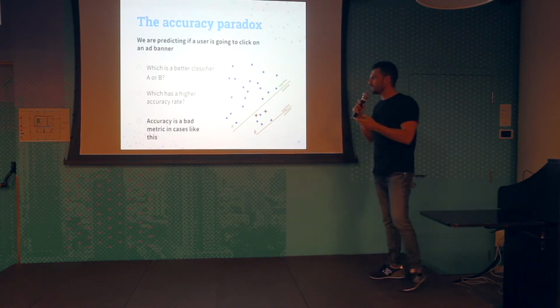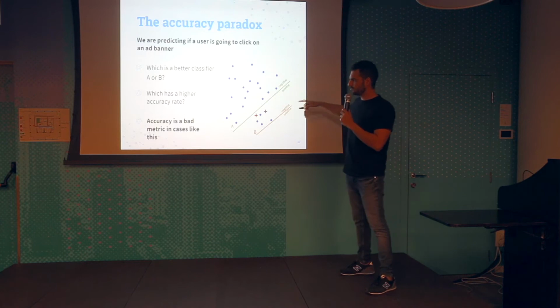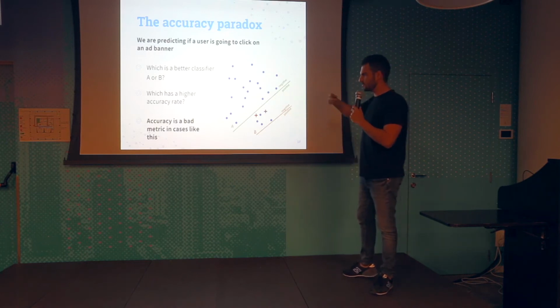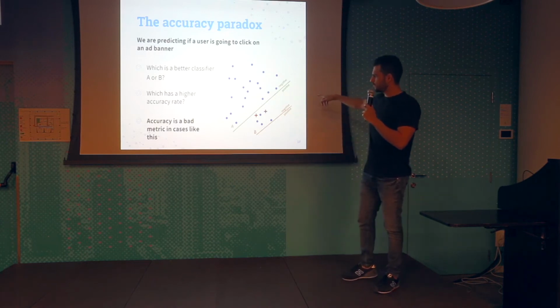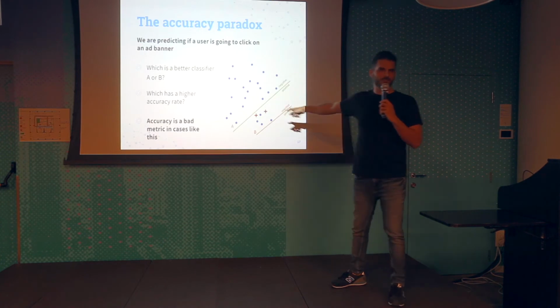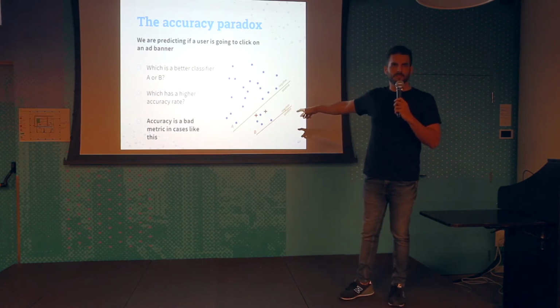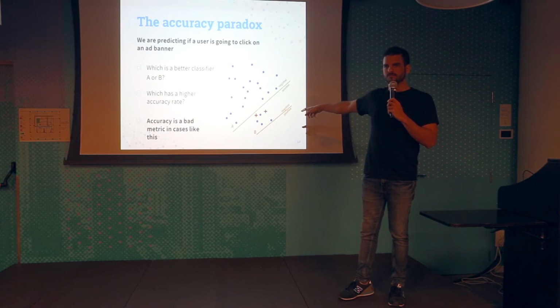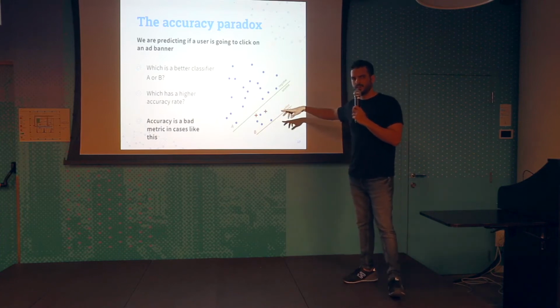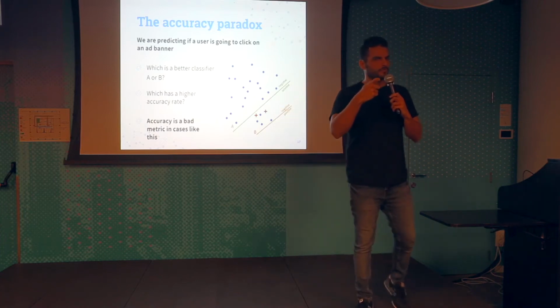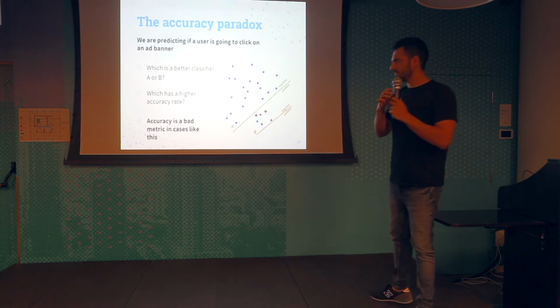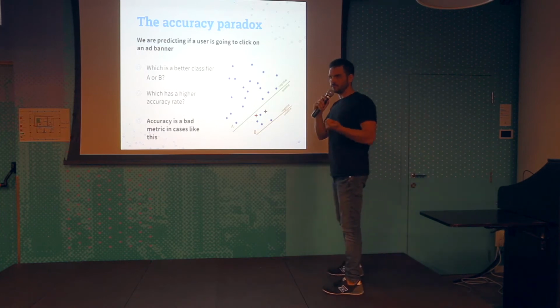Just to make this more concrete, a little survey again. Which decision boundary would you prefer, A or B? A, right? A has somewhat of a predictive power. It says something meaningful about the data.